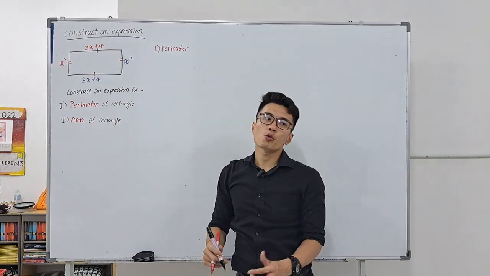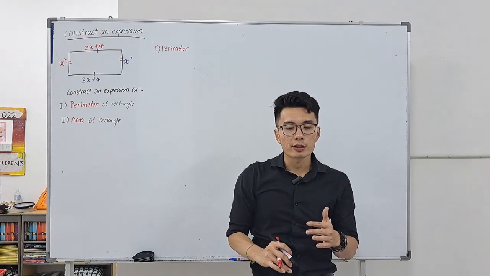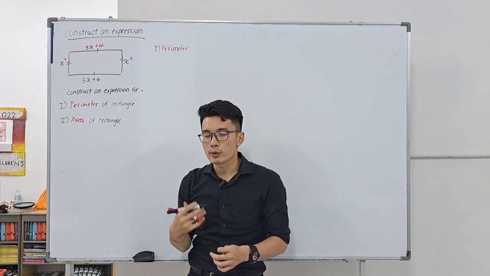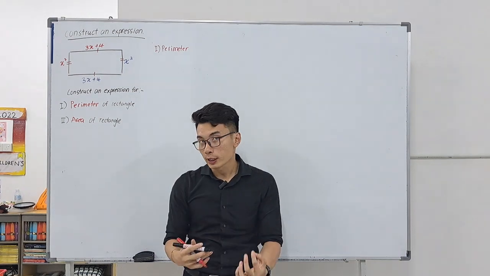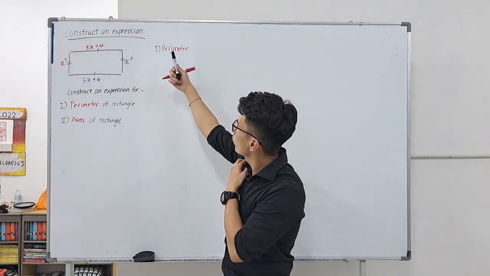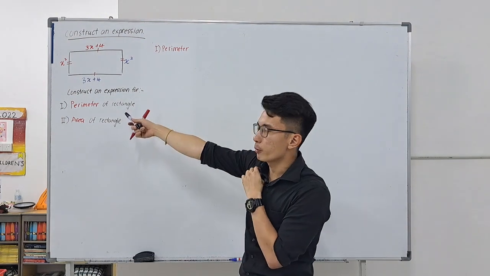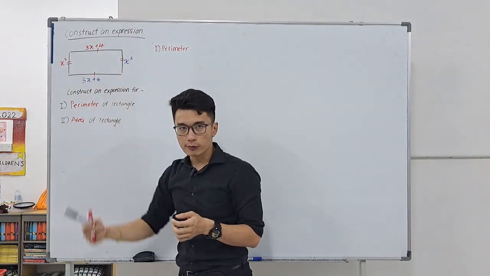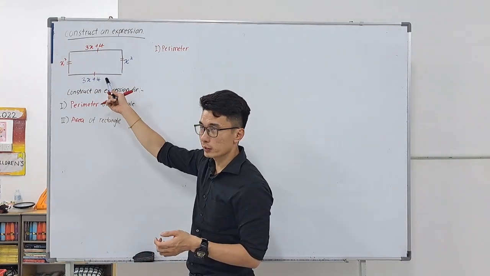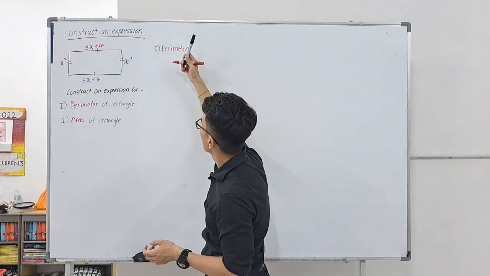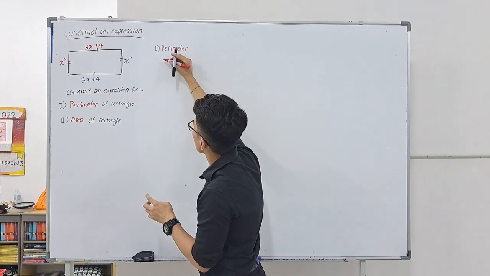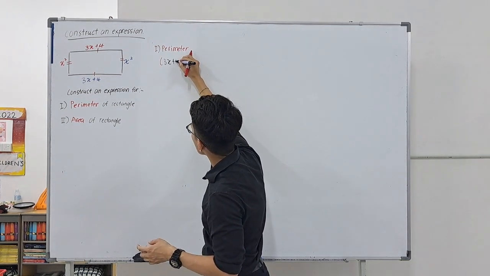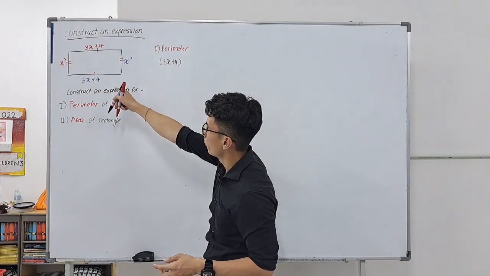I'm going to show you the long way first, just for you to establish the understanding, and then once we establish that, I'm going to teach you a shortcut. So what do we have to do here? To write an expression for the perimeter, I have to add all four sides together. Let's start with this first. I'm going to put a bracket, to help me see better. I have 3x plus 4 for my bottom.